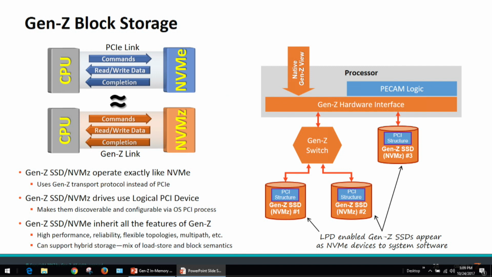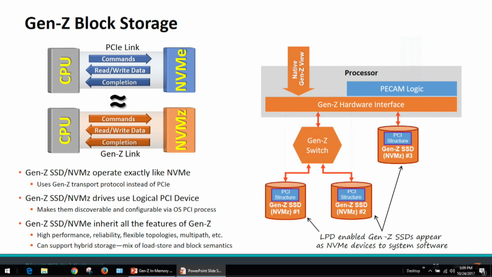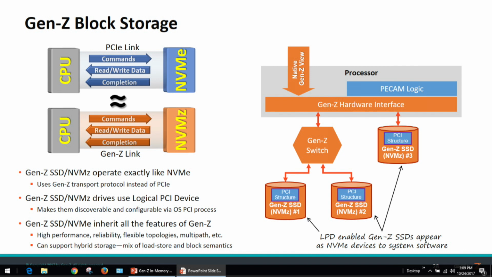From a block storage perspective, obviously we support today's PCIe links, and that's how everybody does most of the NVMe today. We can just replace those PCIe links, still even using the same PHY, the same pins, and simply make those Gen Z links. So that allows you to get in there fairly quickly. The other thing that you can do that you can't do with PCIe is multipath.